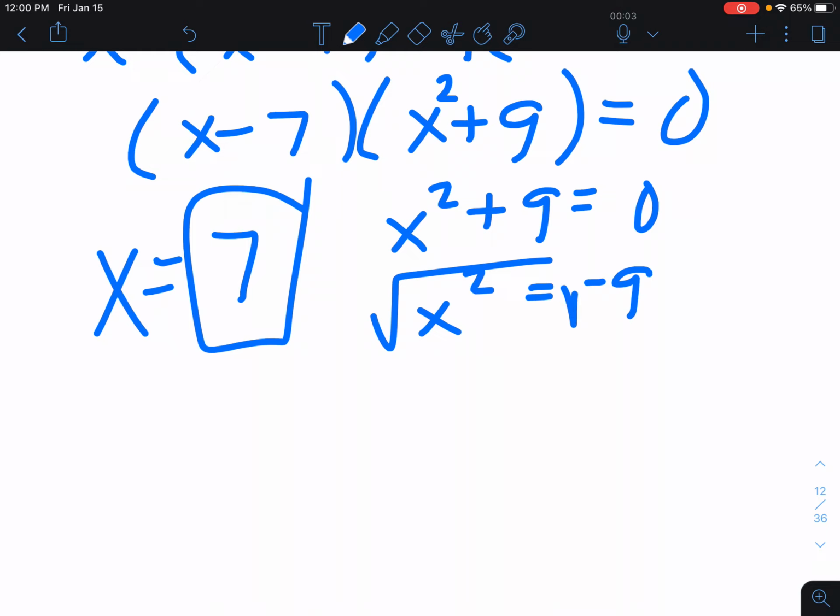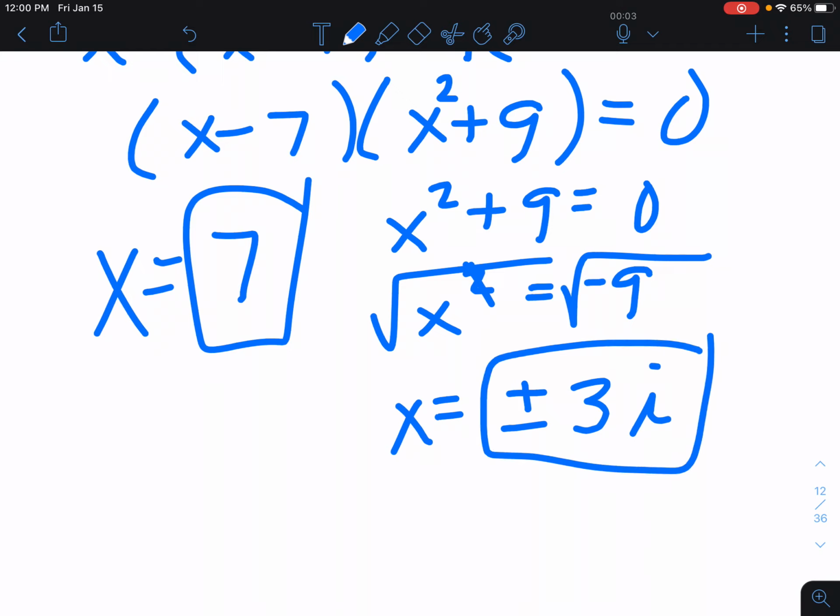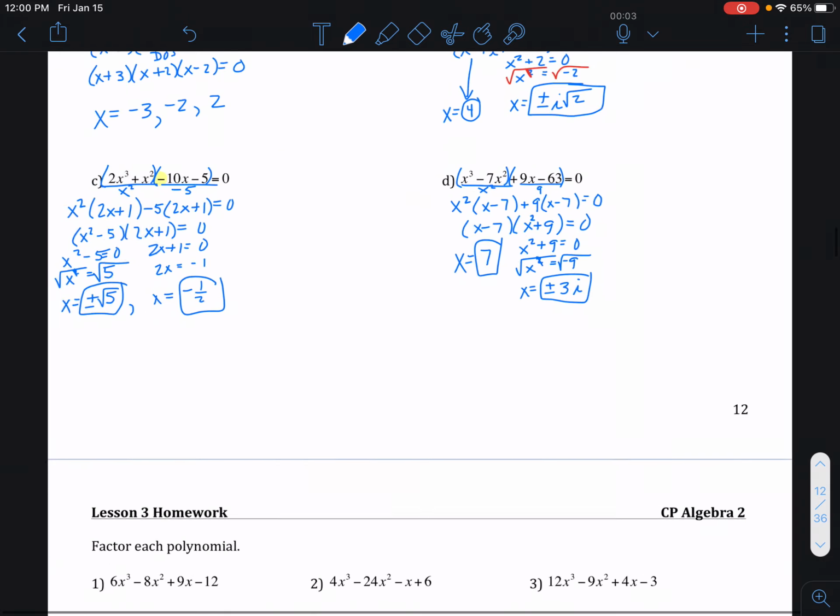Square root both sides to get rid of the exponent. Don't forget your plus minus. And the square root of 9 would be 3, so the square root of negative 9 would be 3i. So you have a real solution here, 7, and 2 imaginary solutions, 3i and negative 3i.